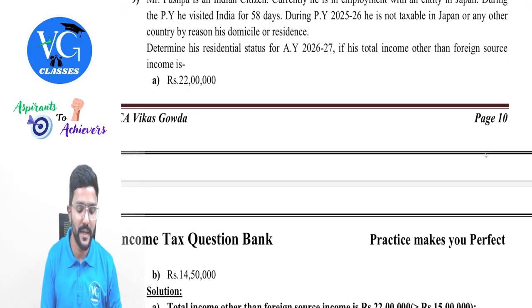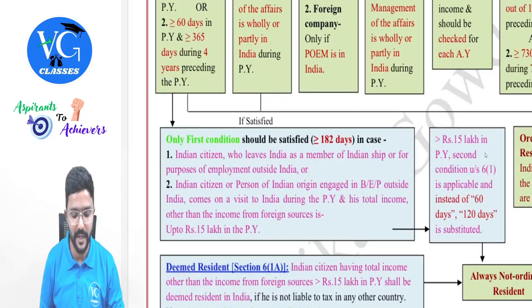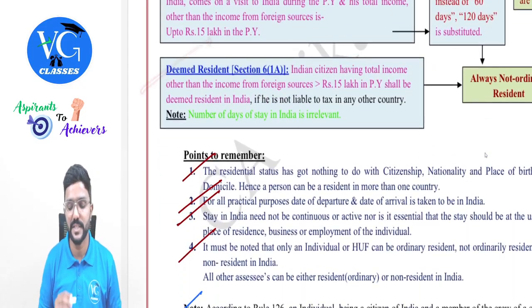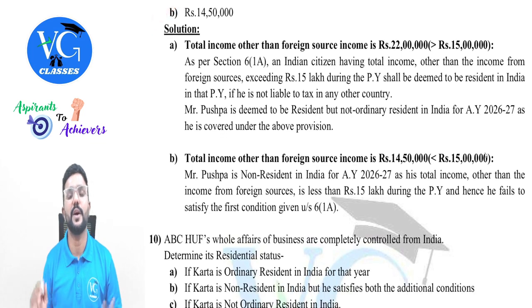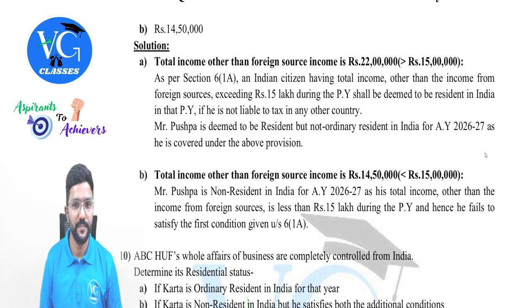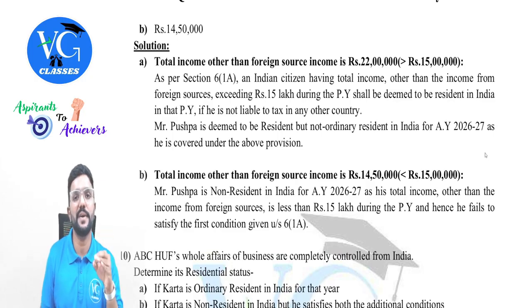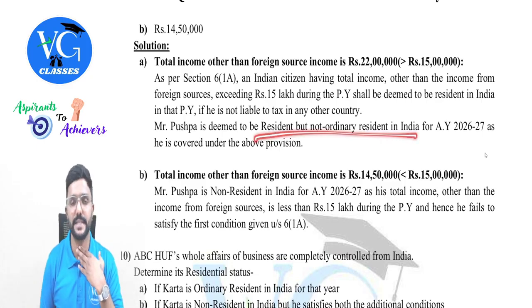Okay. Guys, if it is 22 lakh, then straight away you would be a deemed resident as per section 6(1A) because it is more than 15 lakh. Sir, what if it is 14 lakh 50,000? Non-resident. So you can see in the first case, he would be deemed resident as per section 6(1A), and whenever he is a resident as per section 6(1A), he will always be not ordinary resident.